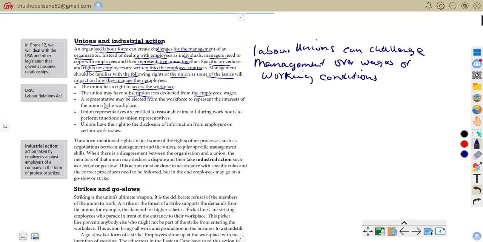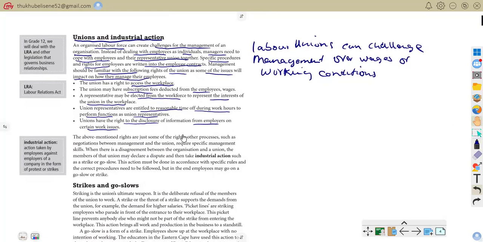So you have to know that they are paid by these employees. A representative may be elected from the workforce to represent the interest of the union in the workplace. Union representatives are entitled to reasonable time during work hours to perform their functions as union representatives. So they can come even during working hours to perform their duties. Unions have the right to disclosure of information from employers on certain work issues.